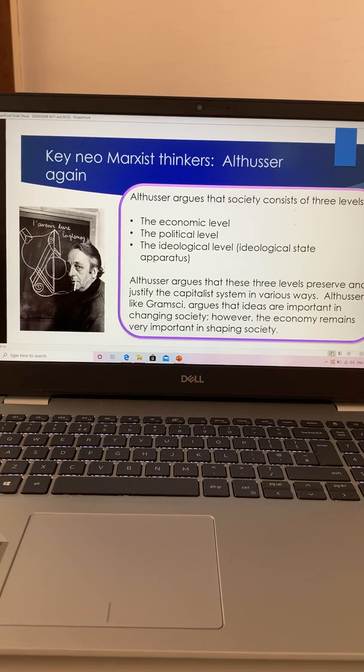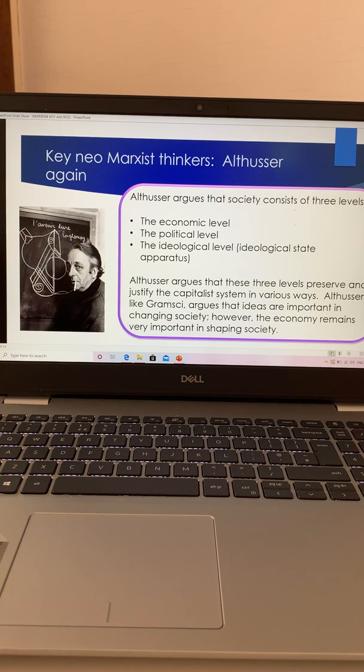Althusser, also a neo-Marx, says that we've got society developing on 3 levels. So we've got the economic level, all about the money, the political level, and the ideological level, so people having those key ideas. And these 3 levels justify capitalism in a variety of different ways.